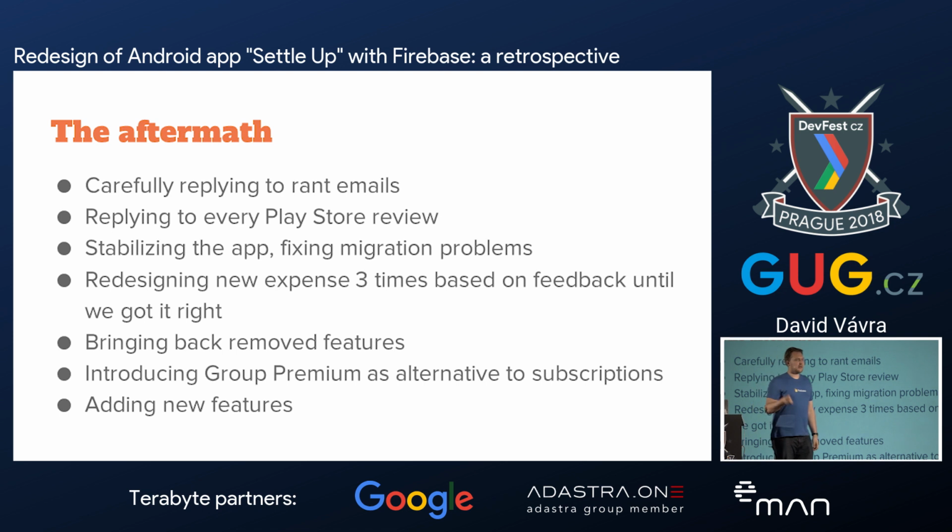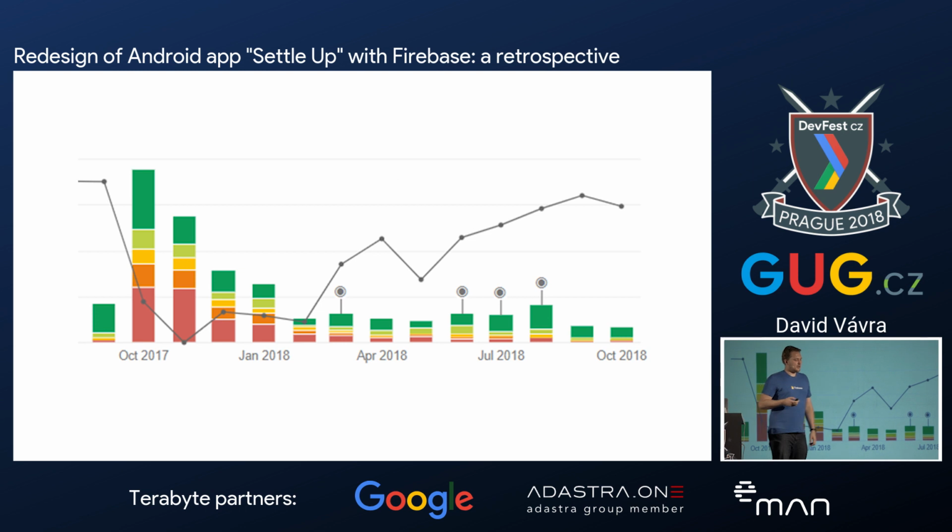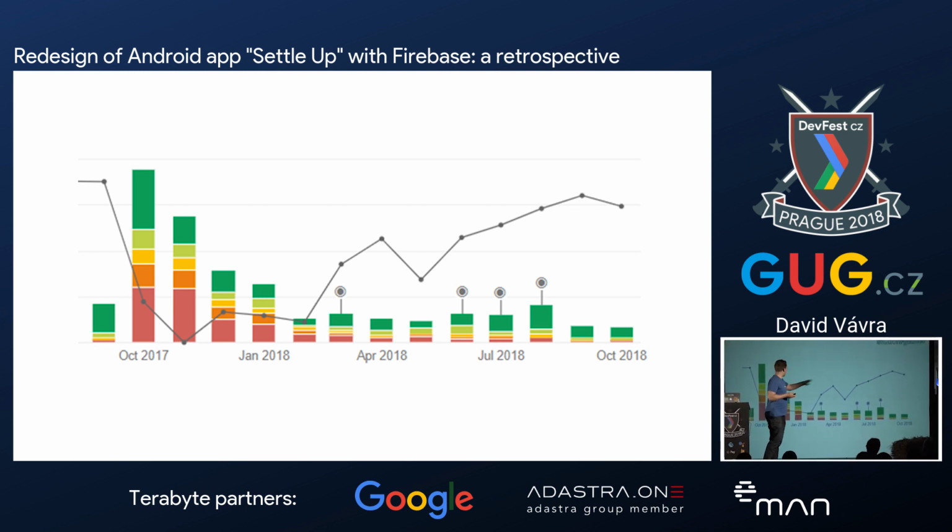And we also had the time to add some new features because the code base is new. It was quite easy to add new features. We added categories and some other stuff. So we slowly got out of the review hell, and now we are almost as good as before after a year.